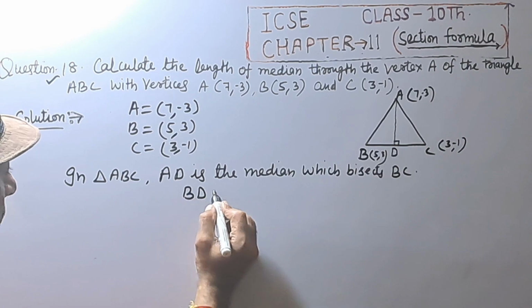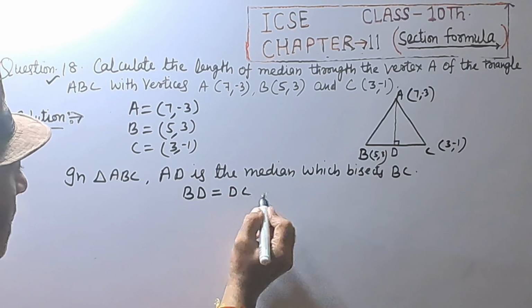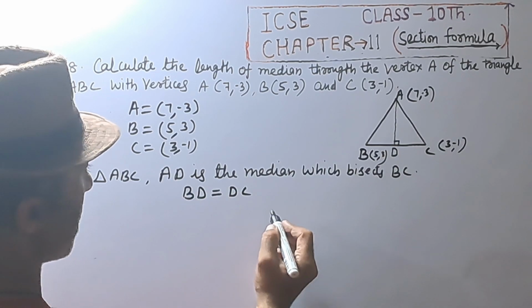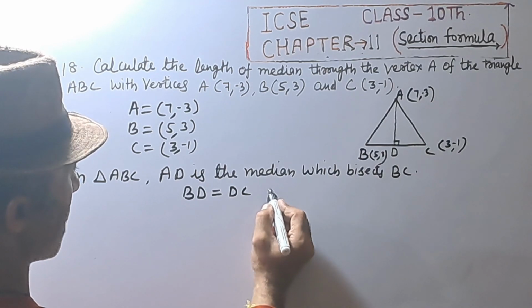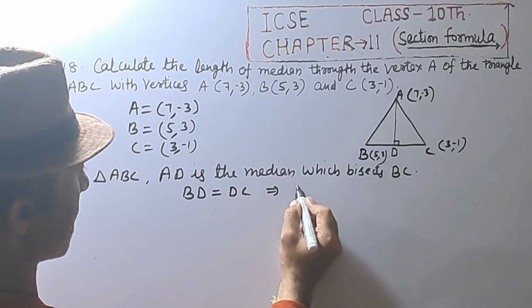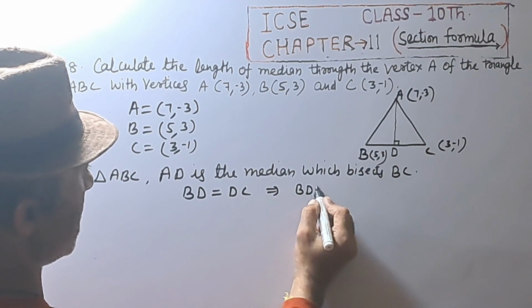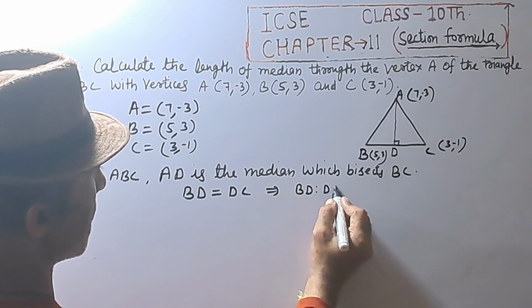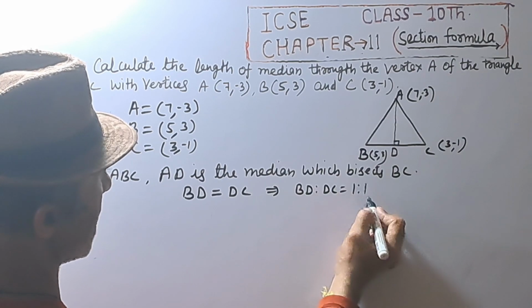So BD is equal to DC. BD ratio DC is equal to 1:1.